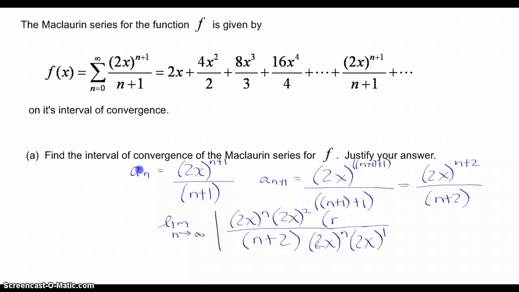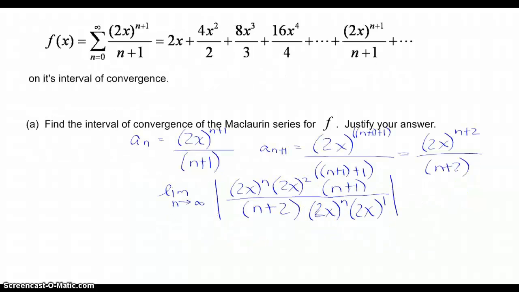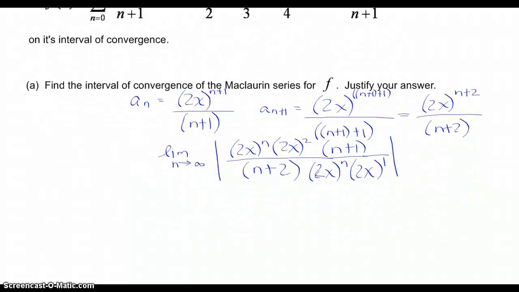And then all of that was over n plus 1. So let's clean our limit up for large n. Those things are going to cancel. Algebraically, we lose one of those to that. So this result looks like that. That's all that's left in that limit.